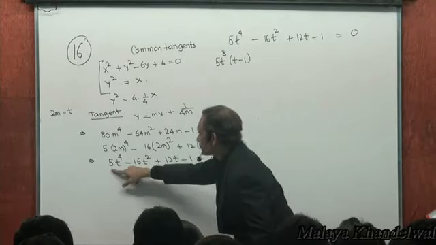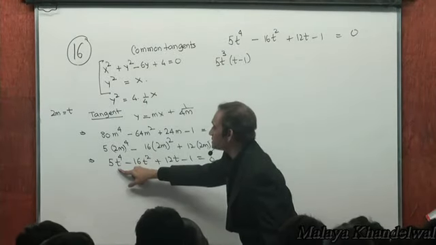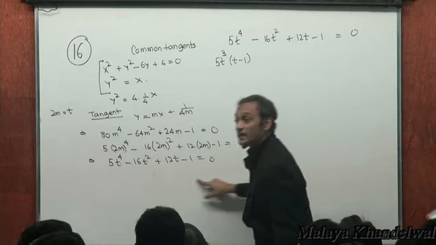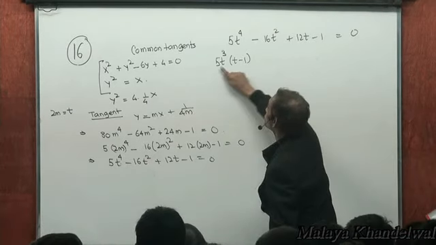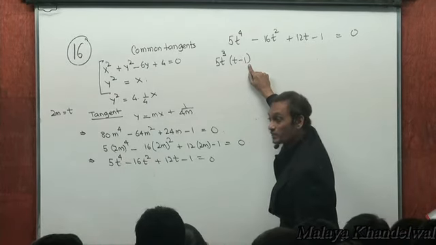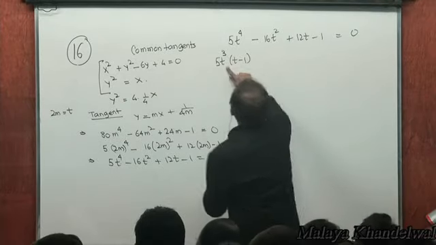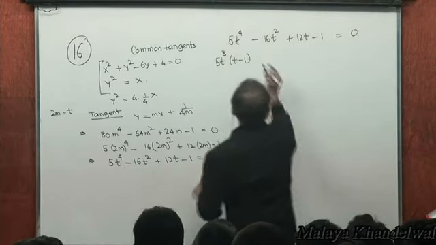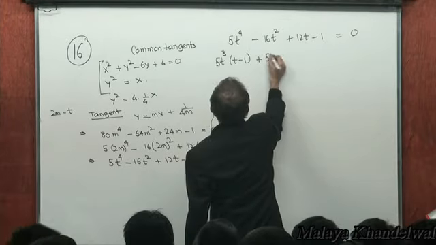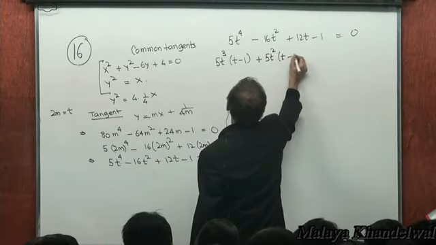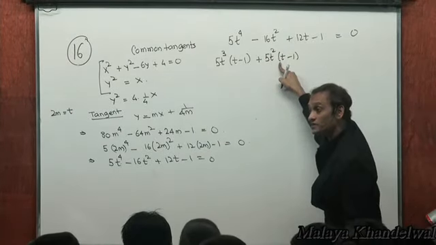Yes, see, t equal to 1, all that I am doing is imposing a factor t minus 1 in it. So 5t cubed and this (t minus 1), right? And then minus 5t cubed, so plus 5t cubed. I do a 5t squared into (t minus 1), so that the plus 5t cubed comes in.